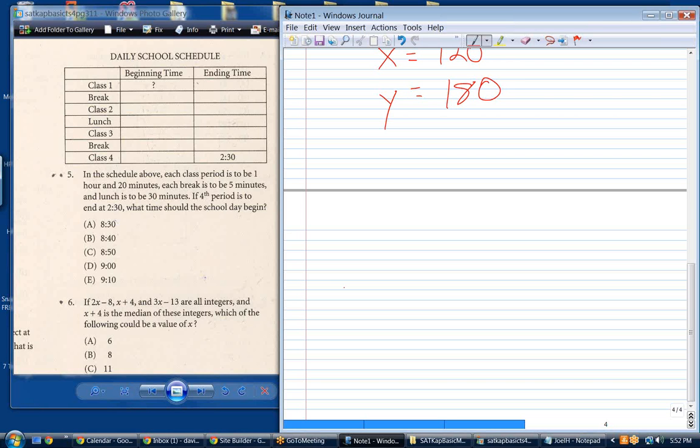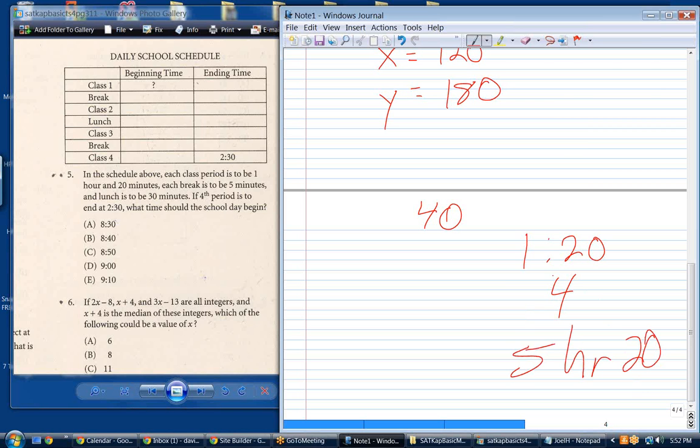Then add that to 30 plus whatever 1 hour and 20 minutes times 4 is. Right? Okay. So 1 hour and 20 minutes times 4 is what? It's 5 hours and 20 minutes. Okay.